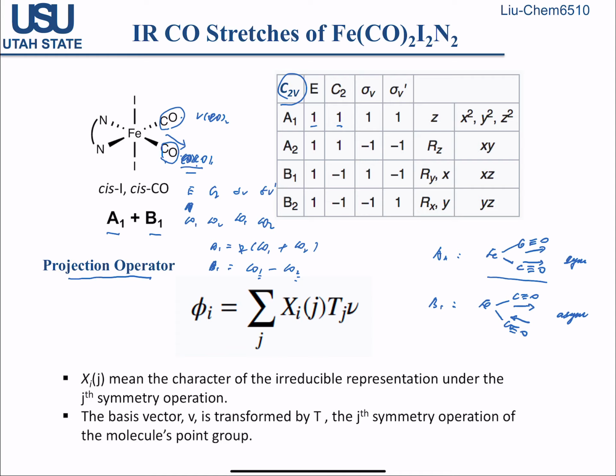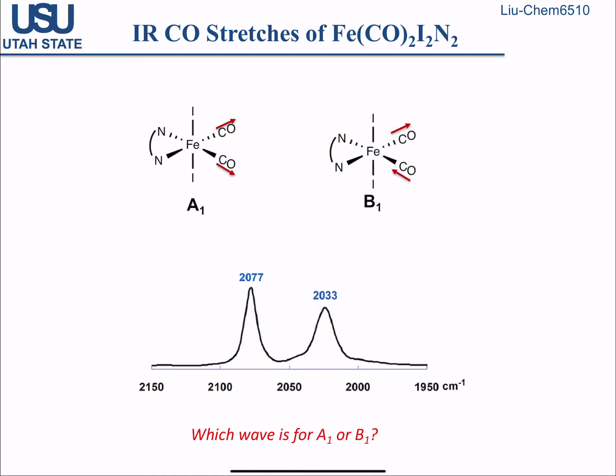Then you get A1 as the symmetric mode and B1 as the asymmetric mode. It's the same principle as how we construct MOs: you do the total representation, reduction, then projection. Same idea.